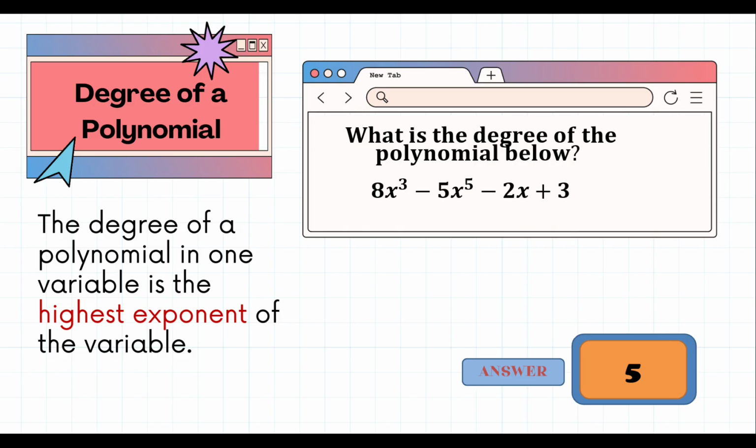The degree of a polynomial in one variable is the highest exponent of the variable. We're only dealing with one variable here. Highest exponent. The exponent of x here is 3. The exponent of x here is 5. Here 1 and again the exponent is 0. So what is the highest exponent? It's 5, making the degree equal to 5.